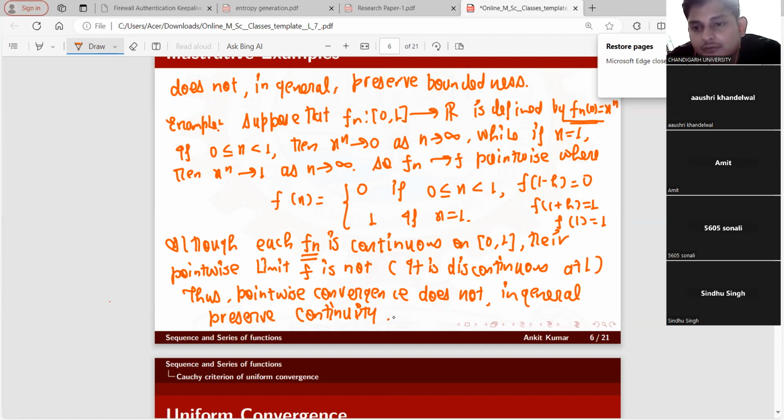From the previous example, we saw that pointwise convergence does not preserve boundedness. So from these two examples, we have a very important result.